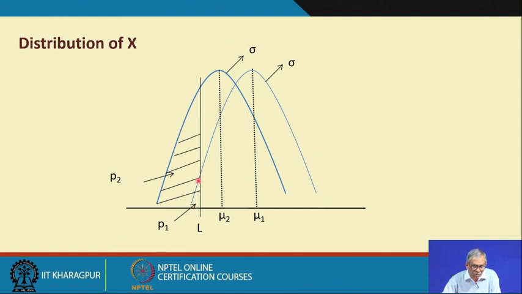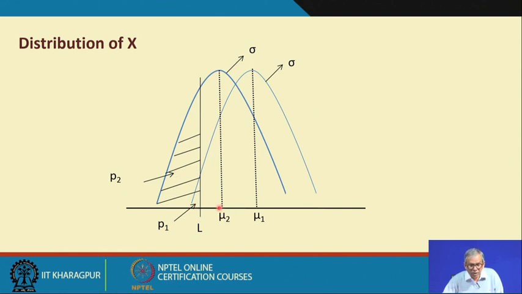The area beyond L is the proportion non-conforming. Against the proportion non-conforming P1, we have already specified the corresponding value of the mean, that is mu1. Now there is a shift in the process. So now mu1 has become mu2, or in other words P1 has become P2. If P1 becomes P2, that means the quality goes from good to bad.